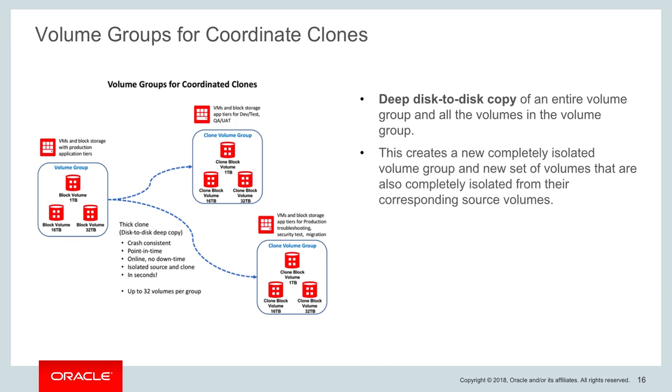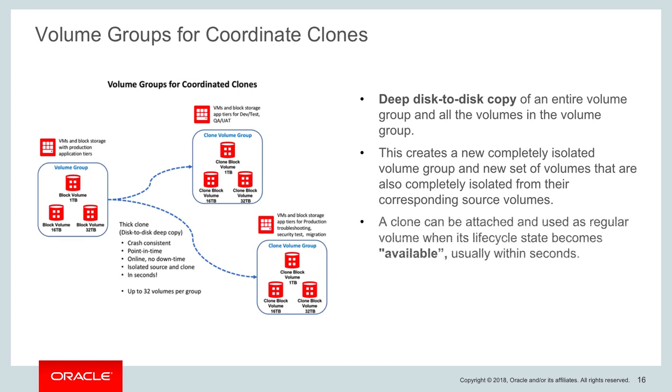This creates a new completely isolated volume group and a new set of volumes that are also completely isolated from their corresponding source volumes. And a clone is actually a great feature. A clone can be attached and used as a regular volume when its lifecycle state becomes available. So usually within seconds, you can have access to that clone that you created and then have access to the data there.